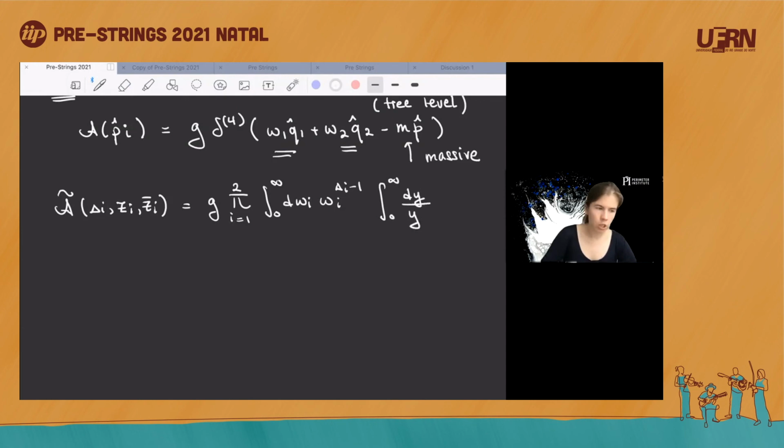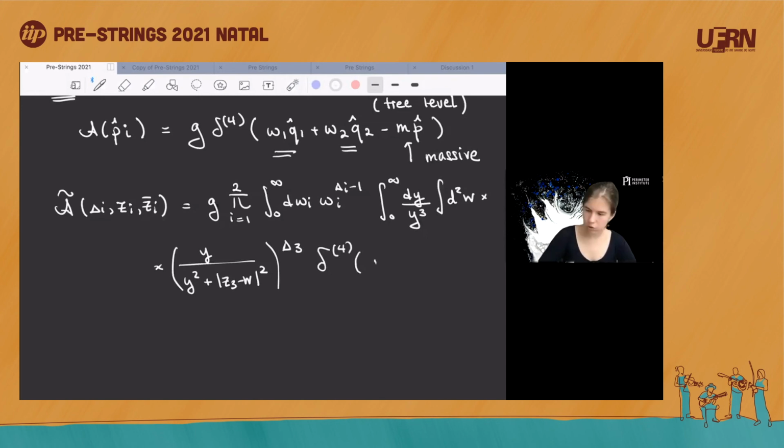This is just a measure on AdS3, d squared w, times the bulk to boundary propagator, y divided by y squared plus the modulus of z3 minus w squared, all to the delta 3, times this momentum conserving delta function, Q1 plus omega 2 Q2 minus MP. So this is P of y, w, w bar.